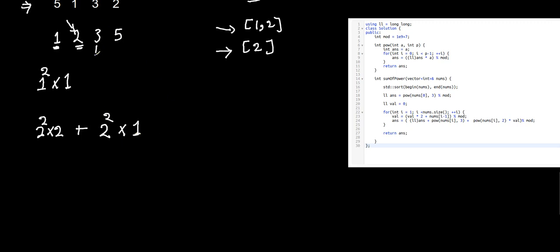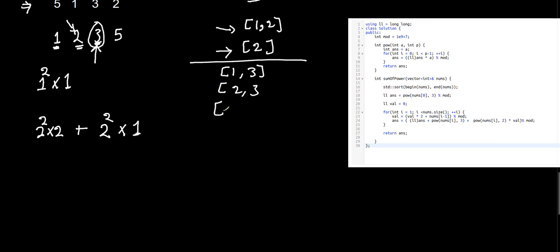And then for this index 3, we need all the groups that have maximum equal to 3, and these groups are 1, 3, and we have 2, 3, we have 1, 2, 3, and we have 3 itself. So for this one the power is 3 square multiplied by 3, plus.